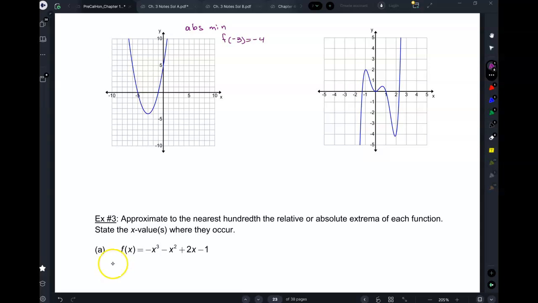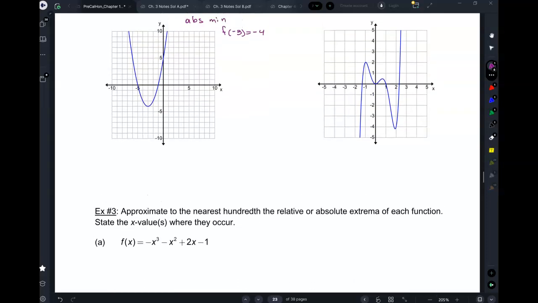Now, you guys remember how to find minima and maxima, right? On the calculator? Okay, so for this one, by the way, the location of the minimum is x equals -3. The value, the minimum value is y equals -4. Okay, so the minimum value of this function is -4, and it happens at x equals -3.